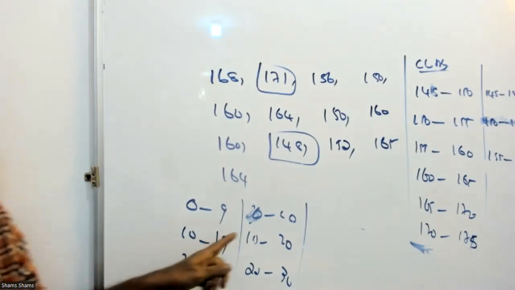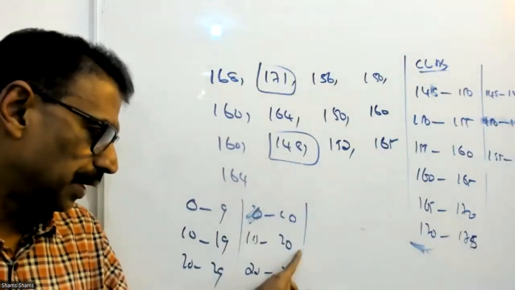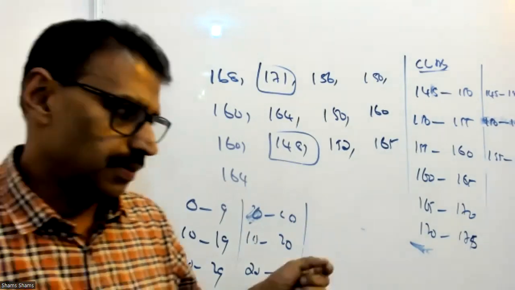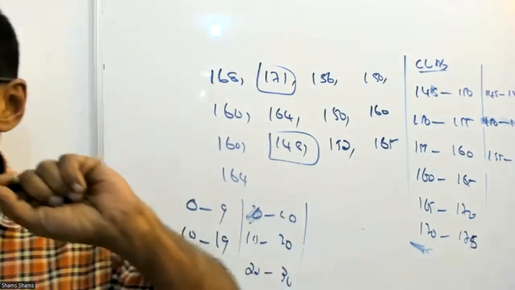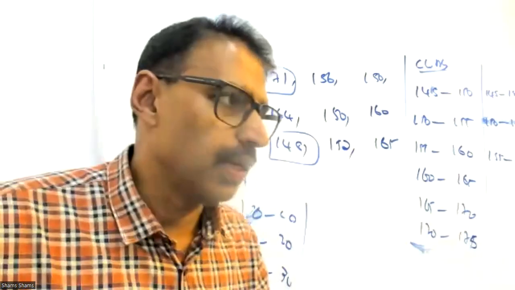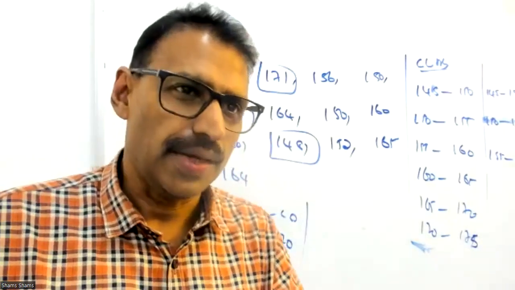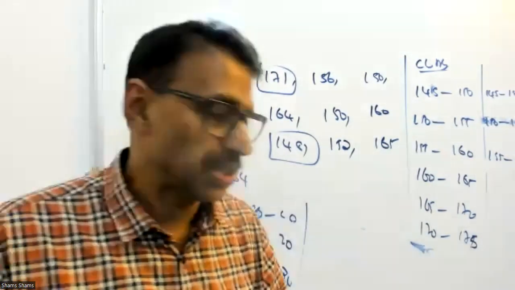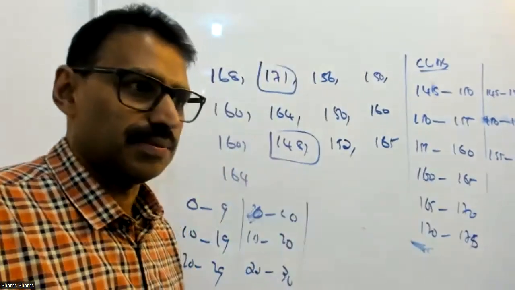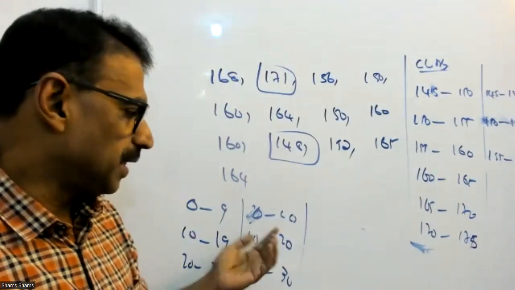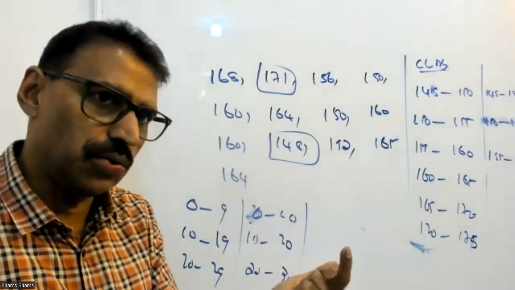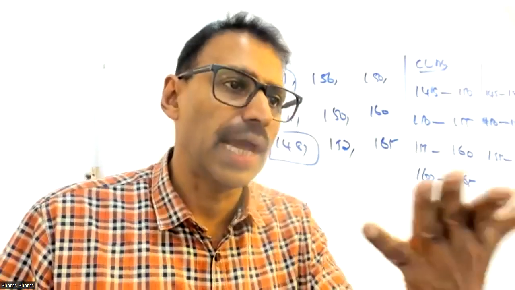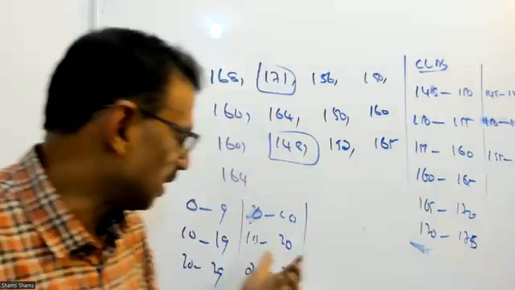Look, 0 to 10, 10 to 20, 20 to 30. This type of classes is called exclusive classes or continuous classes. It is called exclusive because the upper limit is not included. For example, here 0, 1, 2, 3, 4, 5, 6, 7, 8, 9 are all included, and 10 comes only in the next class.